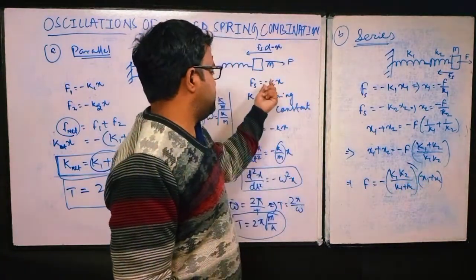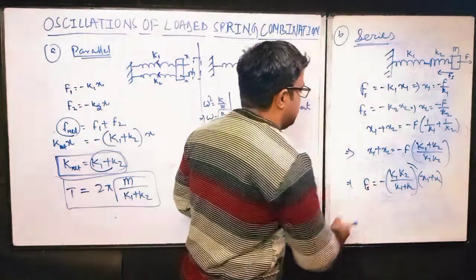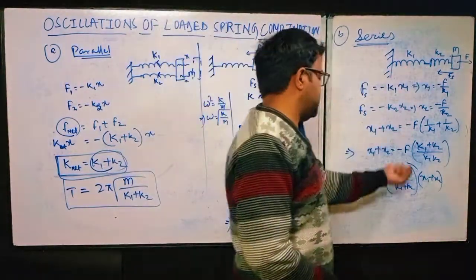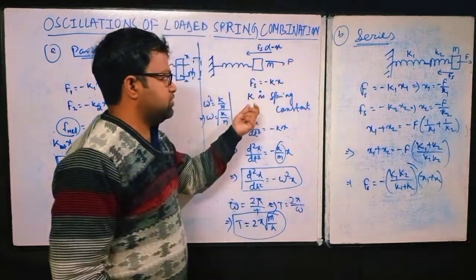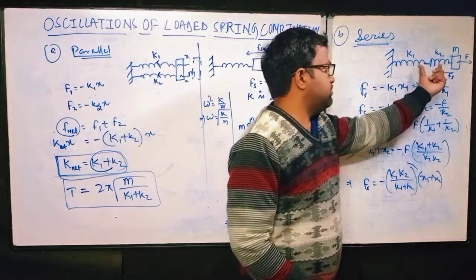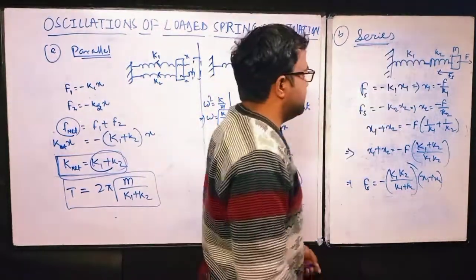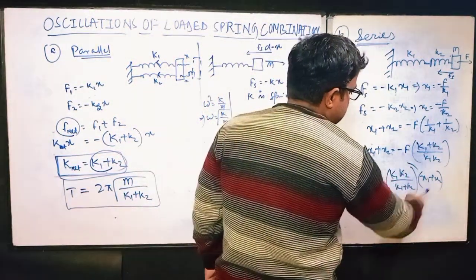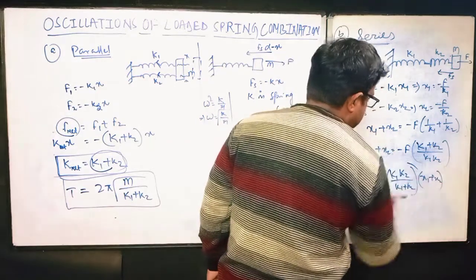So if we compare with the net force by the combination of two springs in series, this will be your net spring constant and this will be your net displacement.